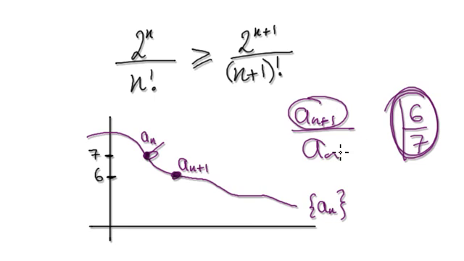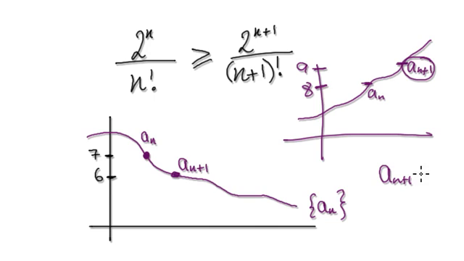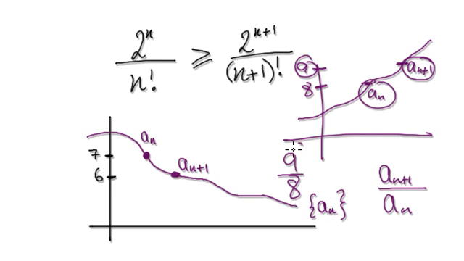The point is that if you divide the next term by the current term and it's less than or equal to 1, then you know that it's decreasing. If you have a sequence that keeps on climbing, say this is 8 and this here is 9, then this is your a_(n+1) and this is your a_n. If you get 9 divided by 8, you can see that it's above 1, so it's always going to keep on climbing.